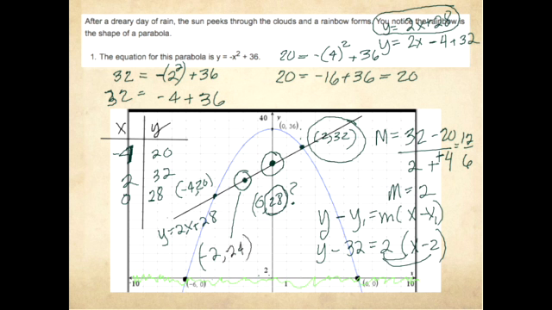So I'm wondering, and I put a big question mark right here, if that point right there, -2, 24, is also on the drone's path. So all I'm going to do is take a -2 and plug it into the path of my drone, which is y equals 2x plus 28. Take a -2, plug it in right here.